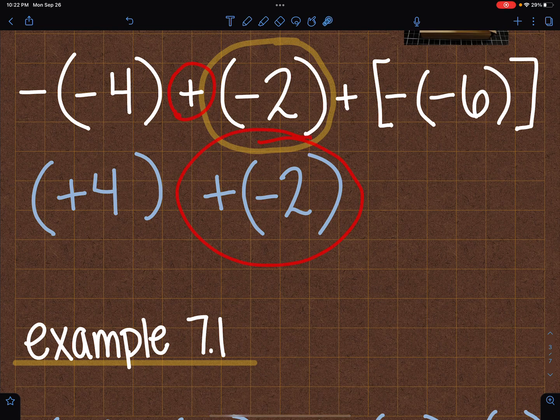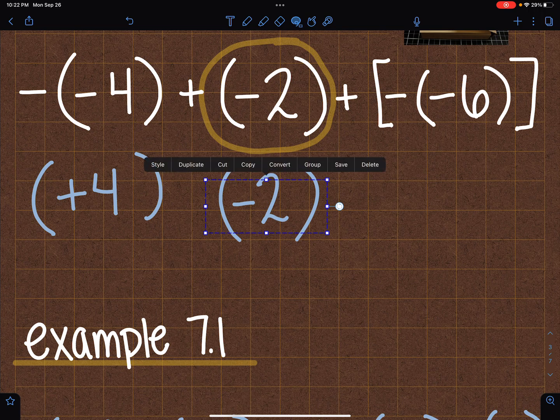For now, I'm ignoring these, but because there's not a negative, there's kind of like an assumed positive. So it's just a negative 2. Okay, so I'm going to simplify that to just -2. I don't know if I explained that very well, but it's okay. I'll make it easier in another example.